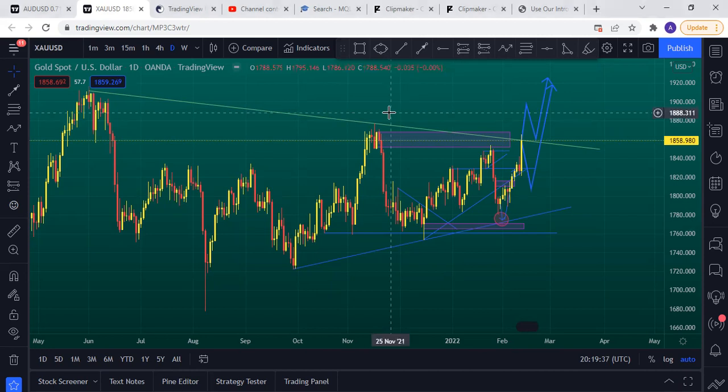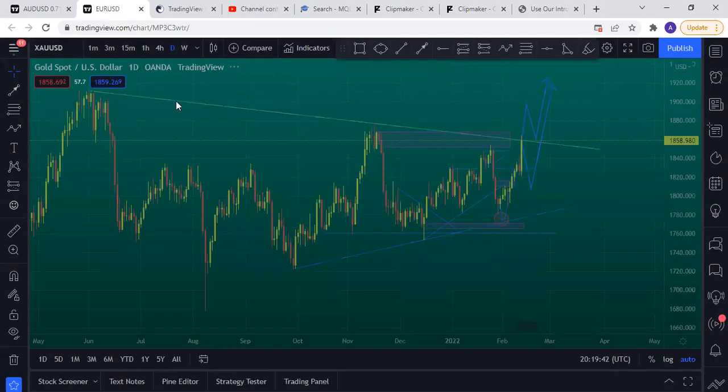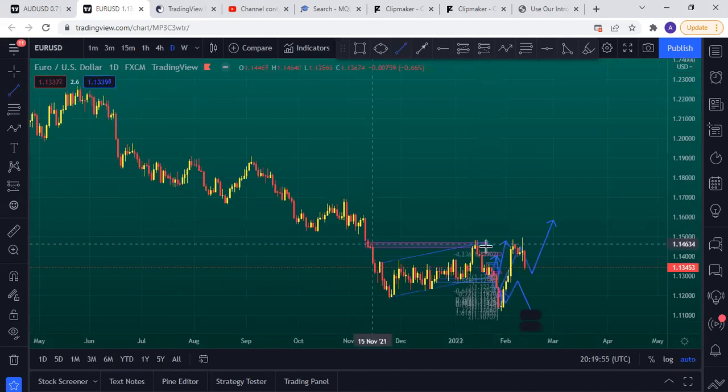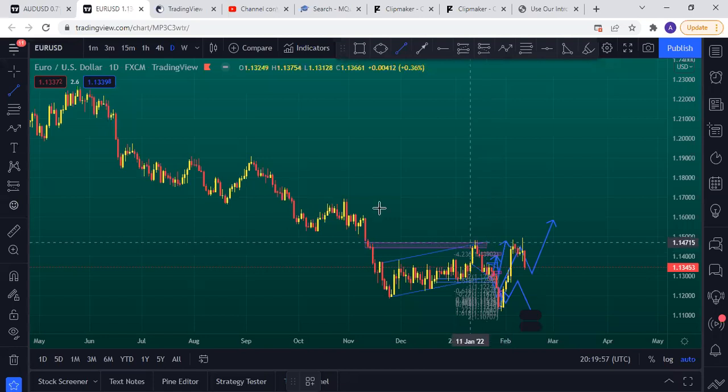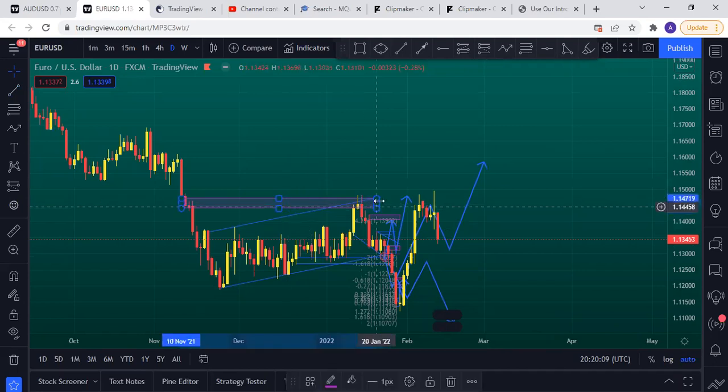Let's see Euro USD. Let's see. I think we already did GBPUSD.